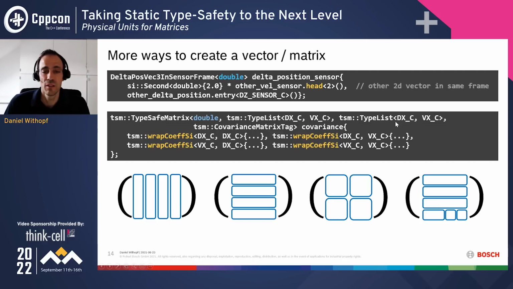But then when you do that, you will get several static assertions because your entries here are no longer listed in the correct order. I'm expecting row major order, row-wise listing of the elements. And if the elements are not listed in the correct order, then the user gets a static assertion from the library. This means when you exchange the order in the vectors and matrices, you have lots of static assertions, and then you have to fix all of them to get it to compile again.